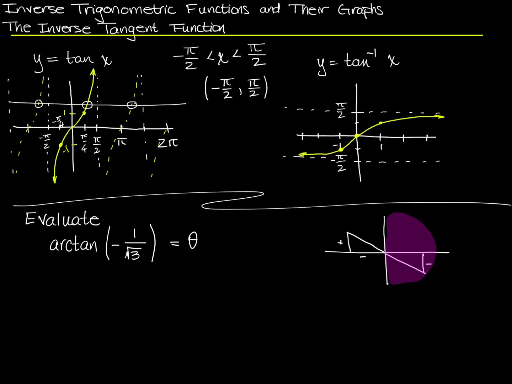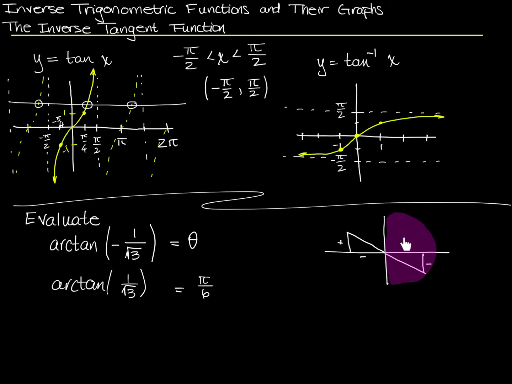So I have to figure out, first of all, what the angle is whose tangent is 1 over root 3. And then from there, I can figure out what that angle actually is. This is the reference angle, and I'll be saying that my answer is negative that angle. And the answer is, the arctangent of just positive 1 over root 3, my reference angle, is pi over 6.